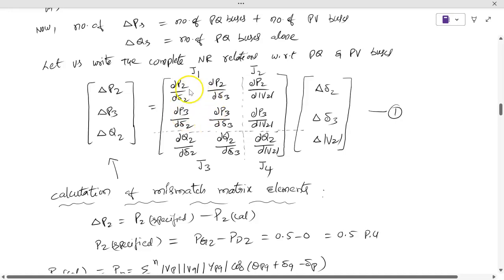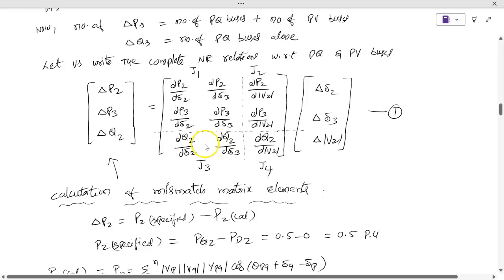So before that, how do we write this complete Jacobian matrix? First delta P2: dou P2 by dou del 2, dou P2 by dou del 3, and dou P2 by dou V2 in the denominator. Next for P3: dou P3 by dou del 2, dou P3 by dou del 3, dou P3 by dou V2.